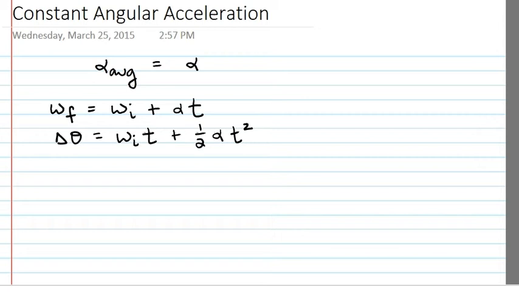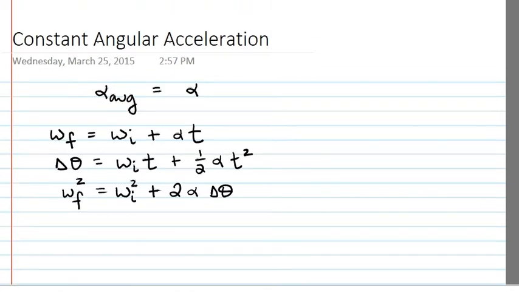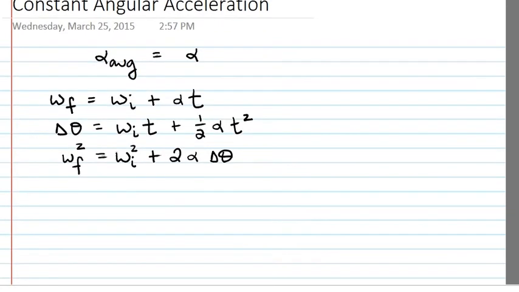And lastly, the final angular velocity squared equals the initial angular velocity squared plus 2 times the constant angular acceleration times the angular displacement. And we can compare these equations to our constant linear acceleration equations.